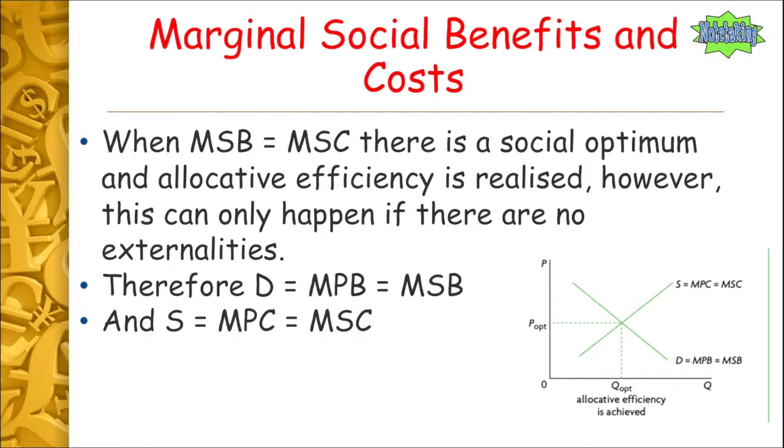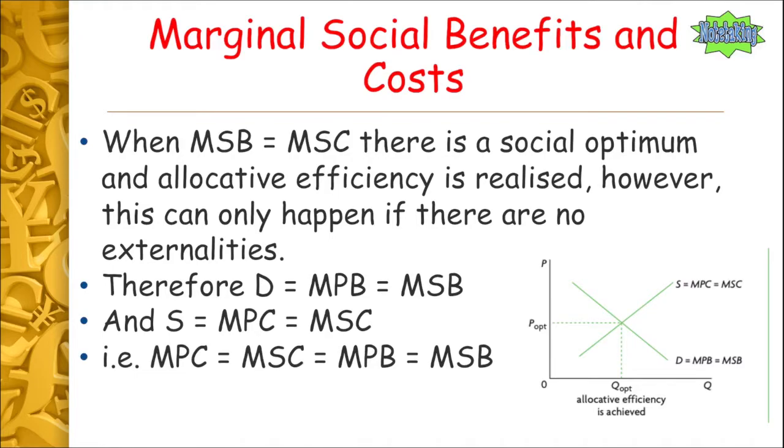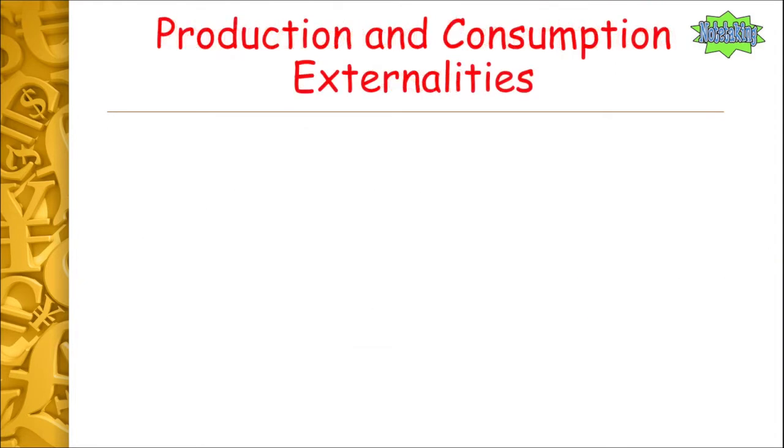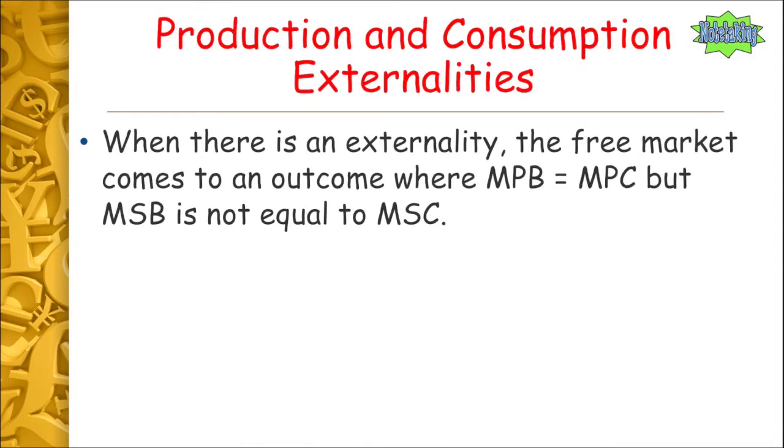Therefore, what's written there is demand equals MPB equals MSB, and S equals MPC equals MSC. So, in other words, we can say MPC equals MSC equals MPB equals MSB. There's an awful lot of letters thrown together. If you want to pause the video and just take a moment to reflect and make sure you understand all that, go on ahead. But we're going to play on with the video.